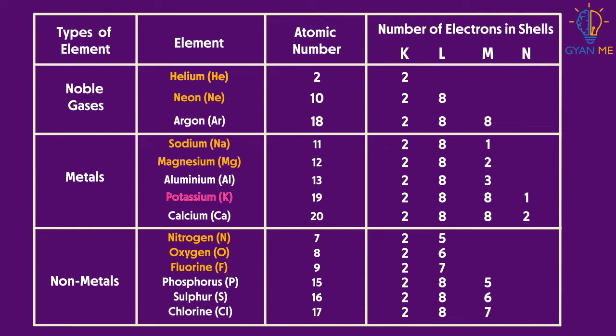Now students, out of all these elements, observe elements like sodium, magnesium, aluminium, potassium, calcium, etc. They have either 1, 2 or 3 electrons in their outermost orbit or valence orbit. So, they can easily give up these 1, 2 or 3 electrons from their outermost orbit and attain the stable state configuration, that is, octet configuration.